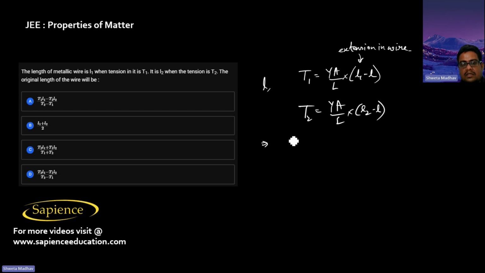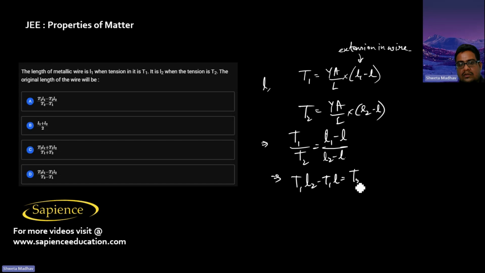So therefore, if you take the ratio, T1 by T2 is equal to L1 minus L by L2 minus L. Now if we cross multiply it, then I will get T1 L2 minus T1 L equal to T2 L1 minus T2 L. And now therefore I can say this will be T2 minus T1 into L, that is equal to T2 L1 minus T1 L2.